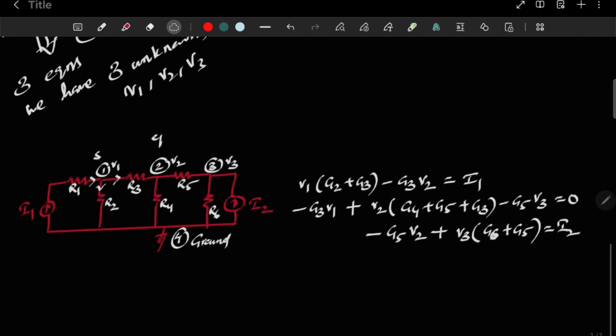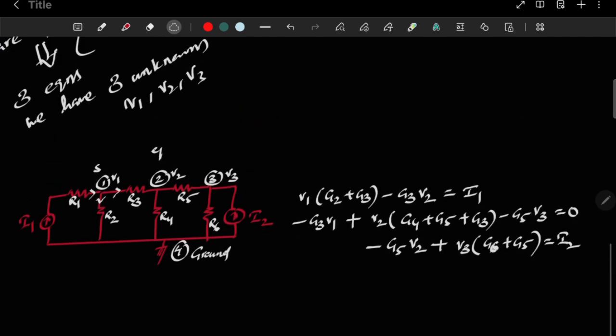This is the circuit we have. For this, how did you get these three equations? We have written KCL equations, but you observe what is happening here.